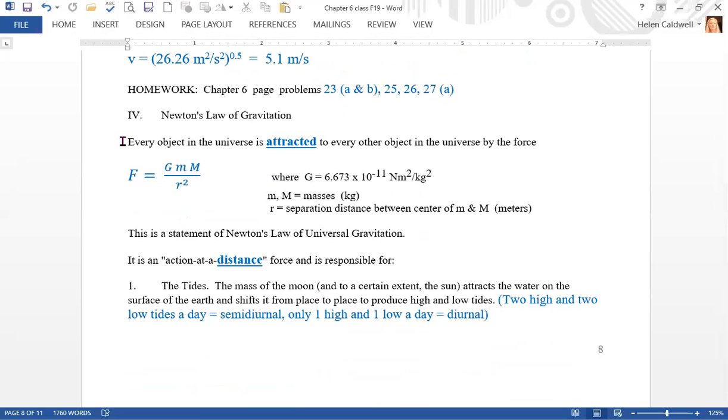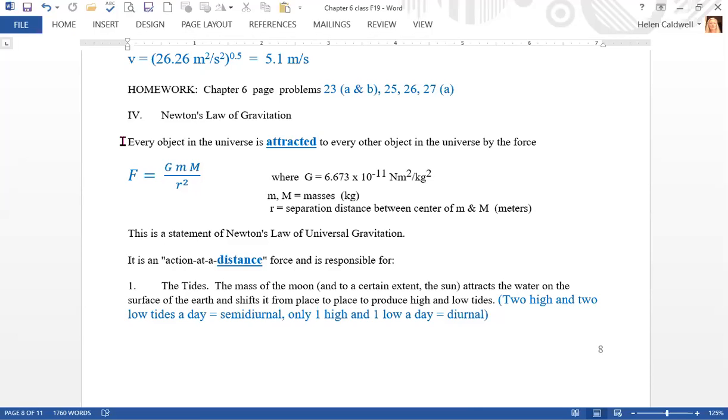So the equation that allows us to calculate that force is that capital F is equal to capital G. This is not little g, it's capital G. So capital F equals capital G multiplied by, you could call them M1 and M2 or little m and big M, it does not matter.